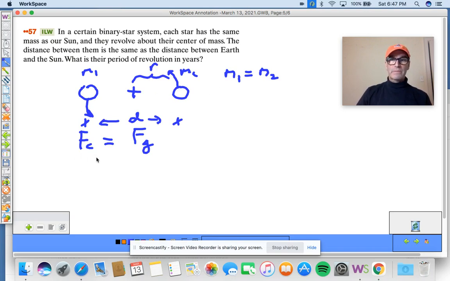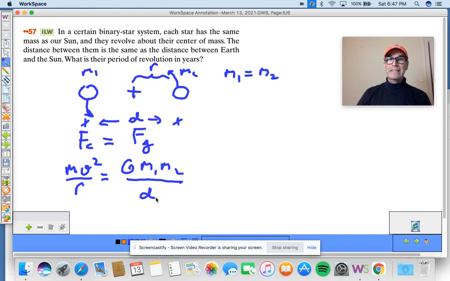Now I'm just going to set up the general expression. I'll let you plug and chug the rest. So the centripetal force is mv squared over r, because it's uniform circular motion, and that's equal to big G m1 m2 over, now in this case, d squared.